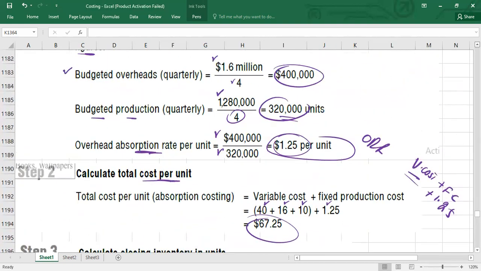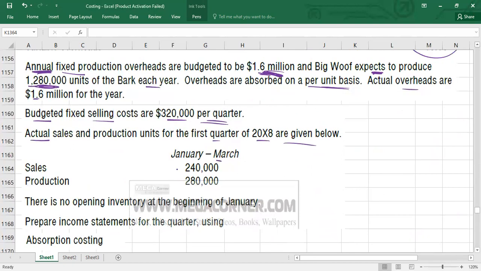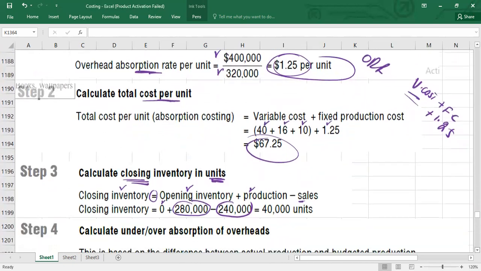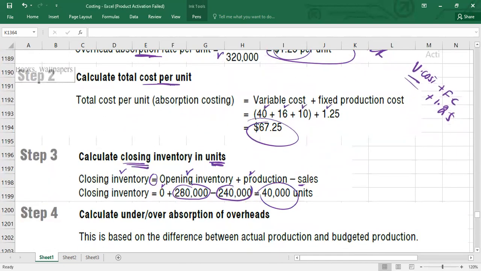So here we have it, guys: sales of 240, production of 280, and opening inventory is 0. If you solve this equation, opening plus production minus sales, you get the unsold units, which are 40,000 units.